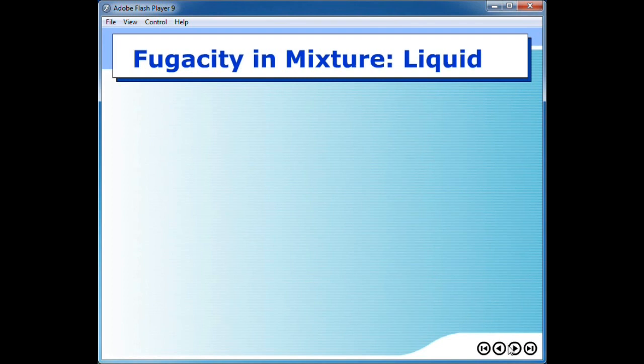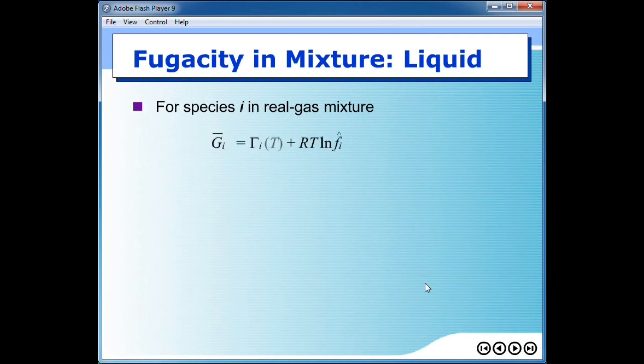So if we look into what we have learned so far, we talked about species in a real gas mixture, and during that time we defined the fugacity of species in the mixture according to this equation. This one was derived in video number 3.